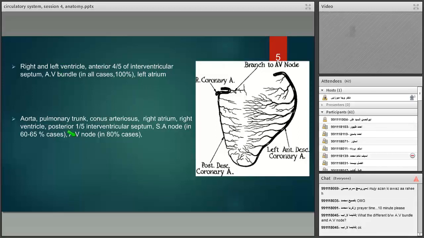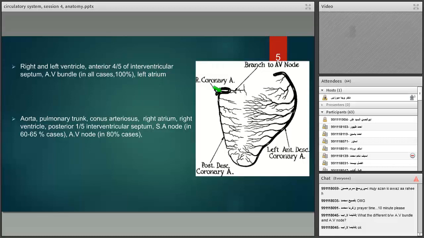And for the AV node or atrioventricular node, in 80% of cases, it is being supplied by the right coronary artery, but in 20% it is being supplied by the left coronary artery. But the AV bundle will be supplied by the left coronary artery in all cases.